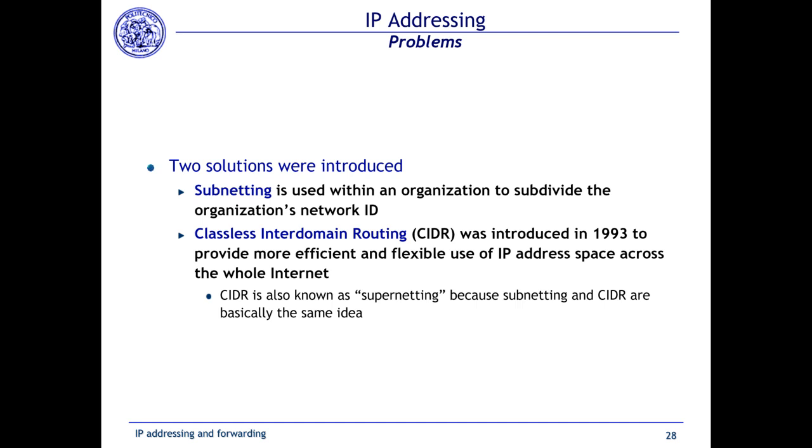One is called subnetting, and by subnetting, you can take a network, a block of addresses that corresponds to a network prefix, and partition it internally in a way that is completely free. So you are not obliged to follow the classes when you are doing subnetting. It would not make sense.